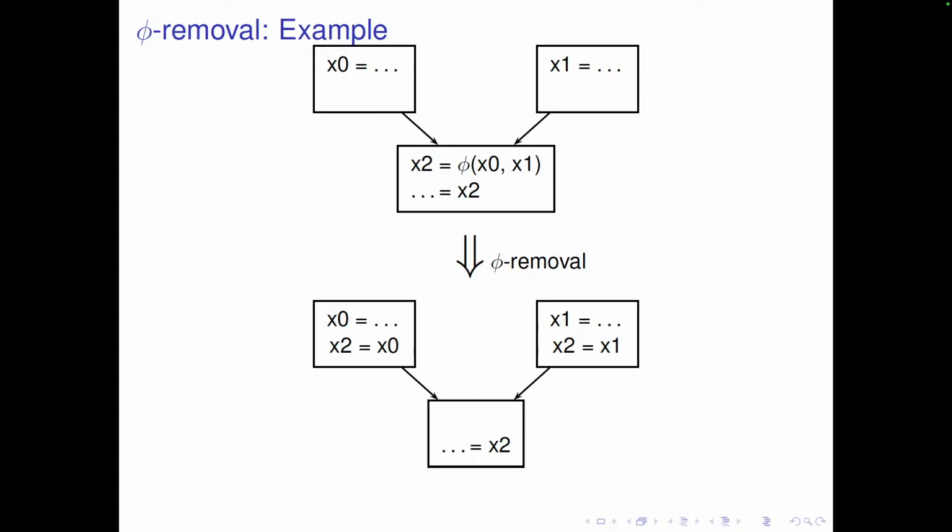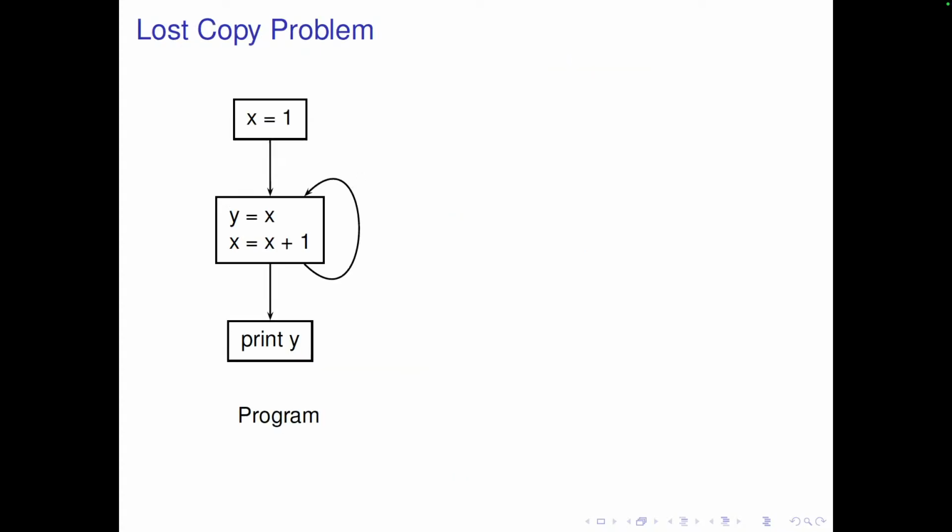So this will become your non-SSA'd SSA program, right? And as you see, this is going to be correct. It's no longer SSA, but it is now executable. You can convert it into machine code and execute it, right? So what is the challenge?